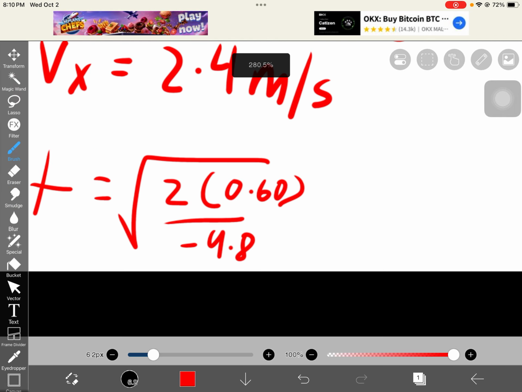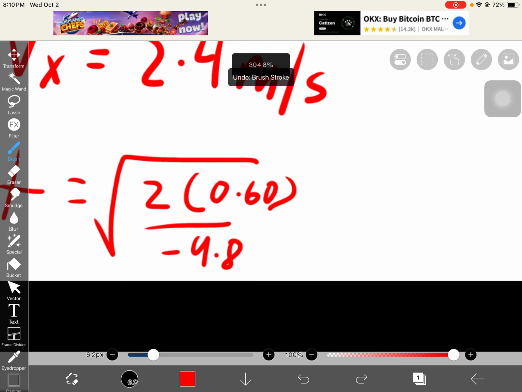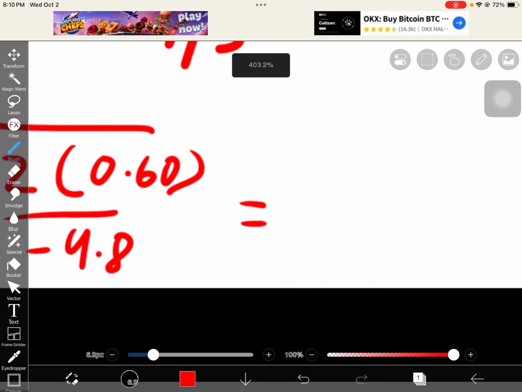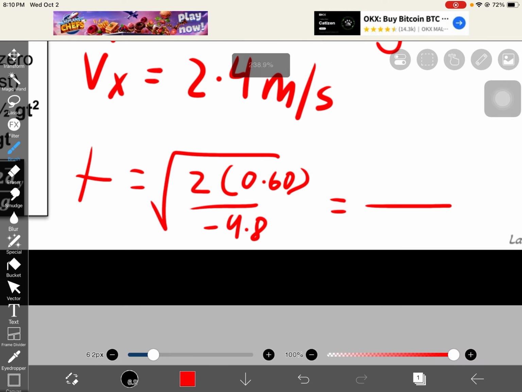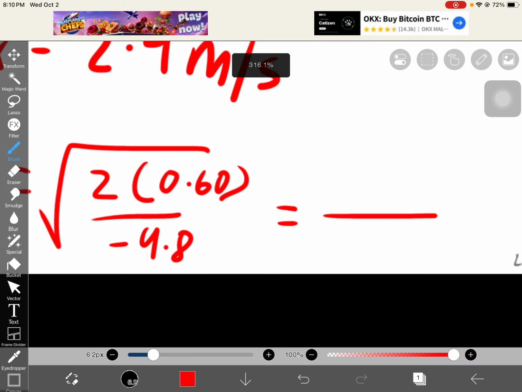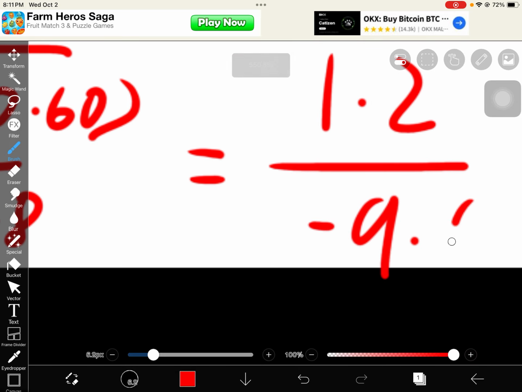You can try to do all of that at once, but it might break your calculator, so I'll break it down into easier, more manageable pieces. 2 times 0.60 is 1.2, and we put the 9.8 there.